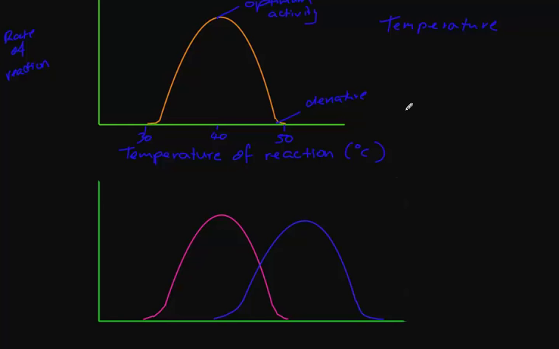So why is denaturing so important? If we remember what my crude drawing of an enzyme looked like with this active site. Now this active site has been brought about because the protein has a specific shape. If we change the shape of the protein, that active site will also change.